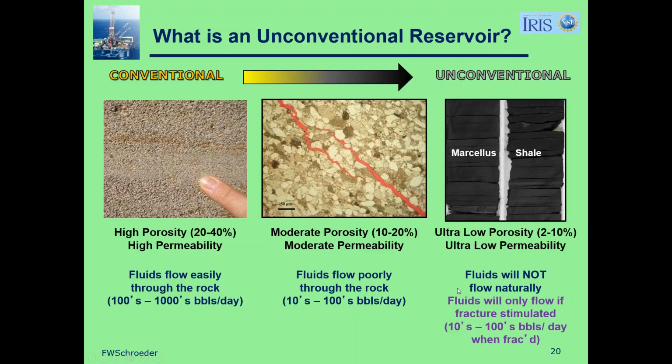These can hold hydrocarbons, but the hydrocarbons will not flow under natural condition. And so what we have to do is stimulate the rocks or fracture the rocks. And if we do that, we can produce on the order of 10 to maybe 100 barrels per day with the fracking involved.